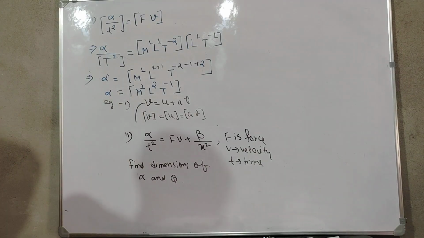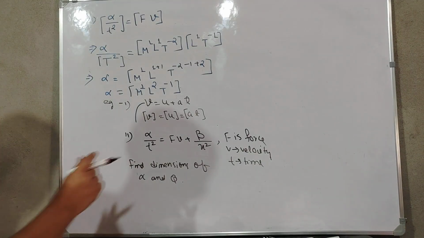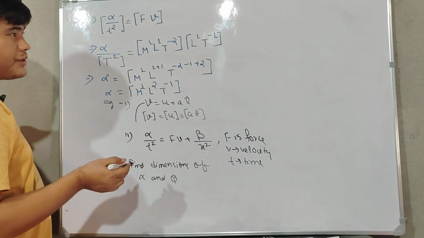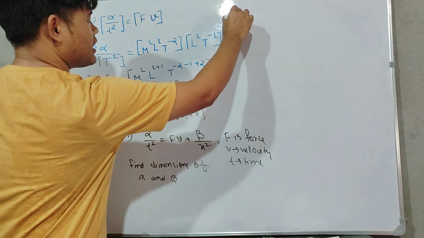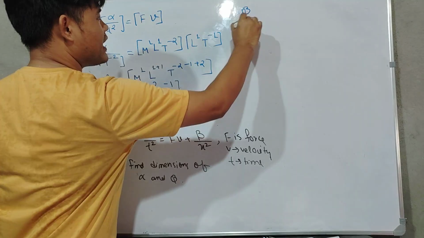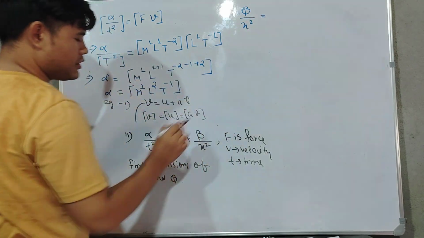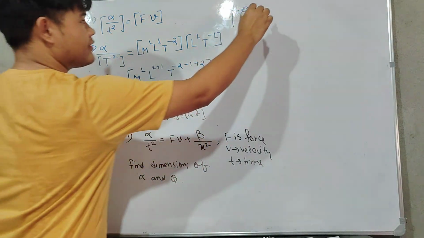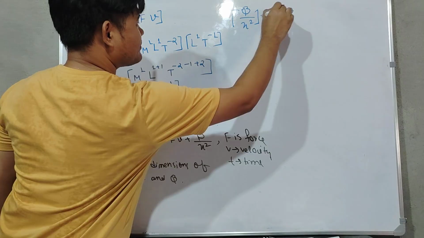Now you have to find the dimensions of beta also. So this dimension is equal to this dimension also. So directly you do it here. So beta by x square is equal to f v.